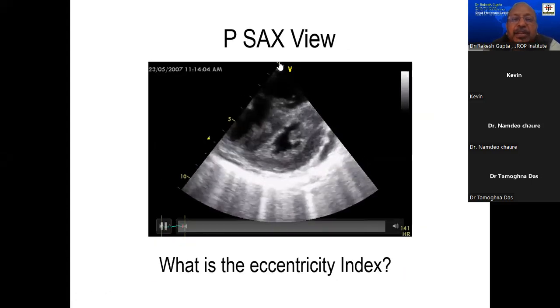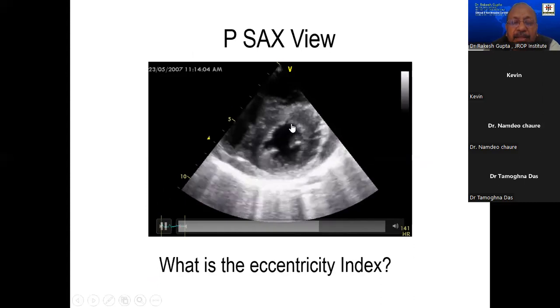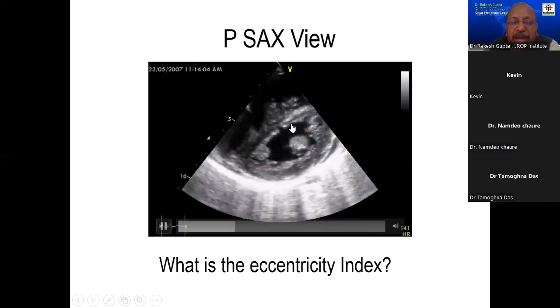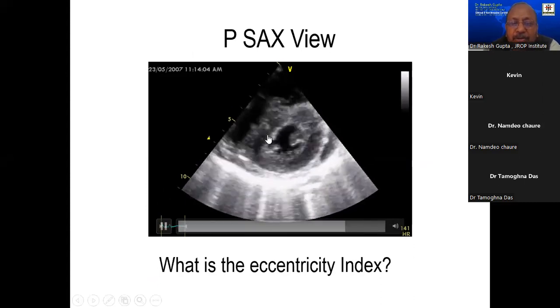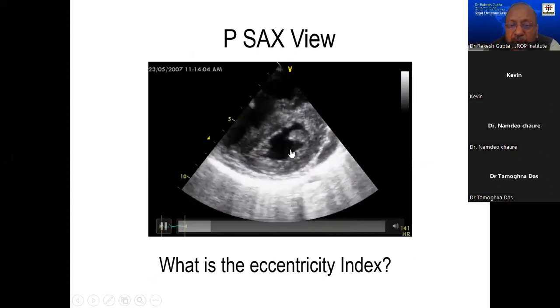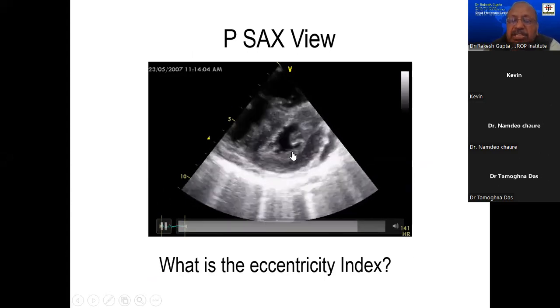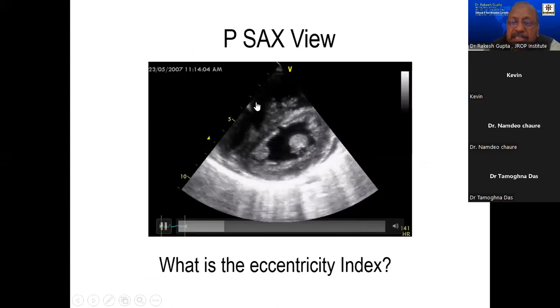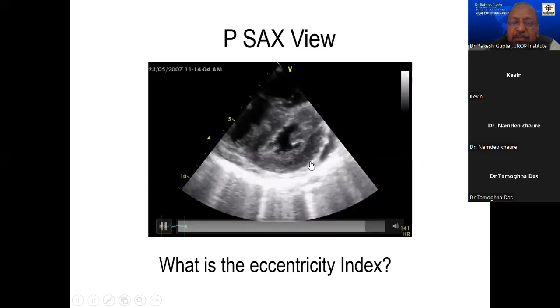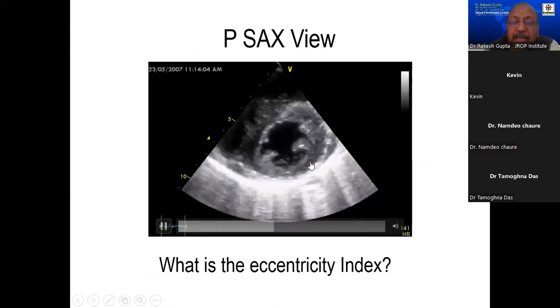This is a very good slide, which I talked about a few minutes back. Look at the contraction of the septum towards LV with every systole, suggesting that RV pressure is more than LV pressure during systole. It means what?